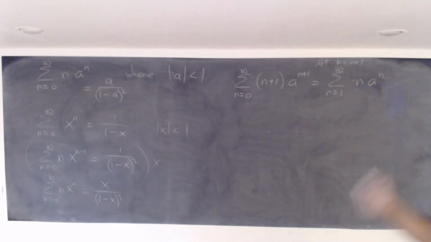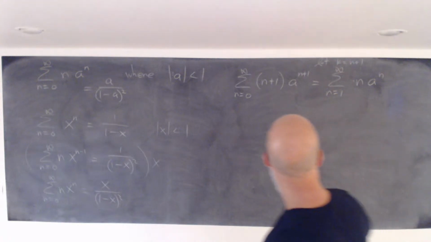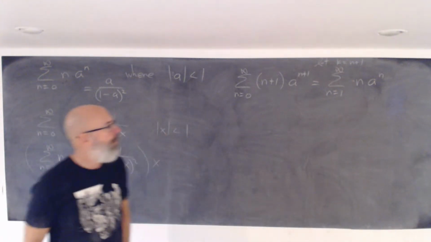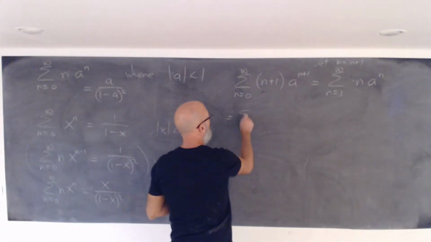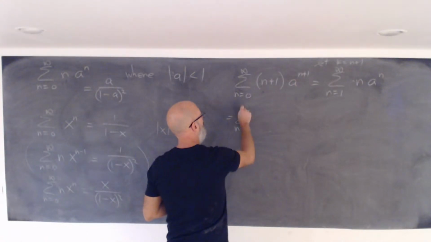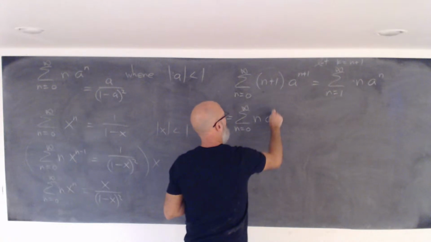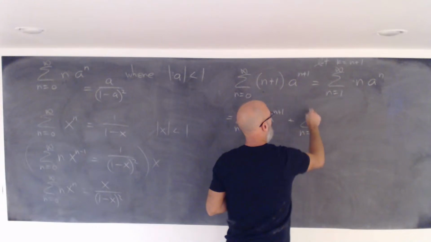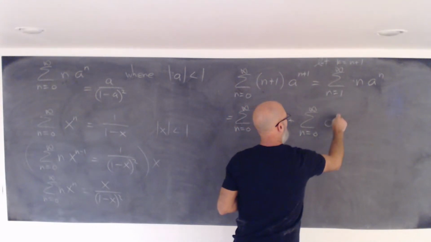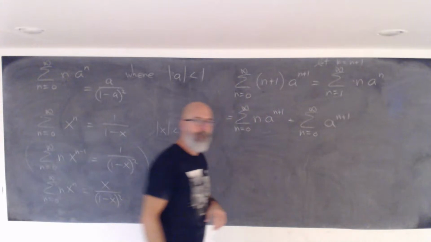Just a dummy change of variables. And there it is. But this you can split up into two things: n a to the n plus 1 and 1 a to the n plus 1.